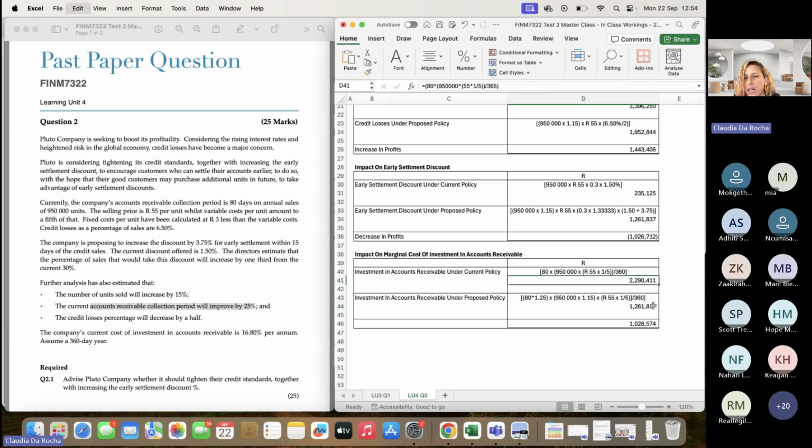Okay, so how do I solve that? And then we should get 3292468.